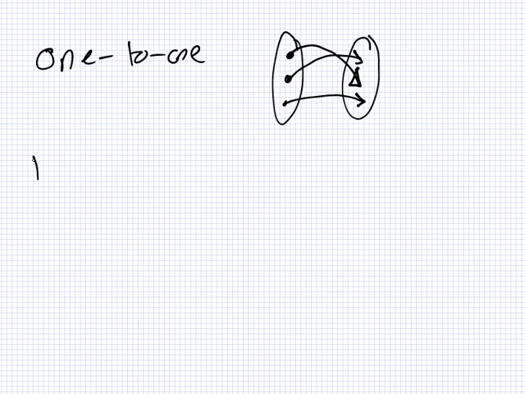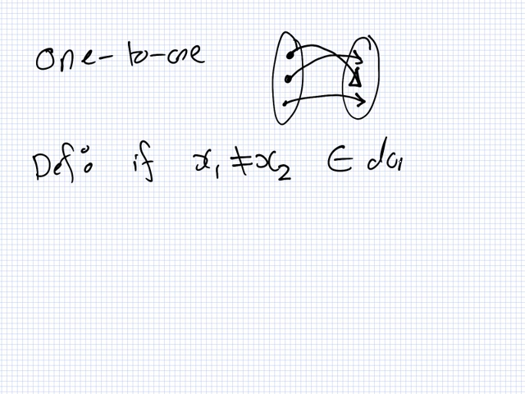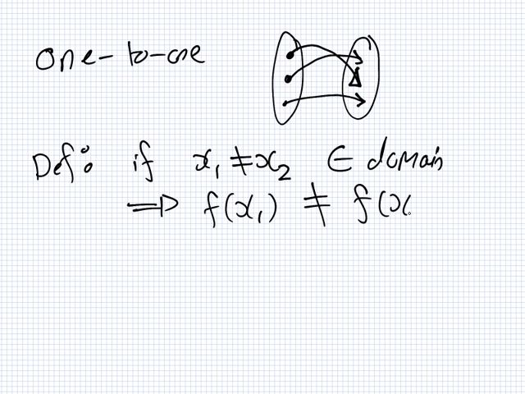So the definition of 1 to 1 is that if x1 does not equal x2, and these are both in the domain, then f of x1 should also not equal f of x2. In other words, different x's make different f of x's.